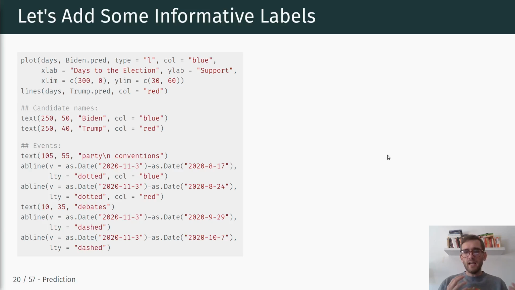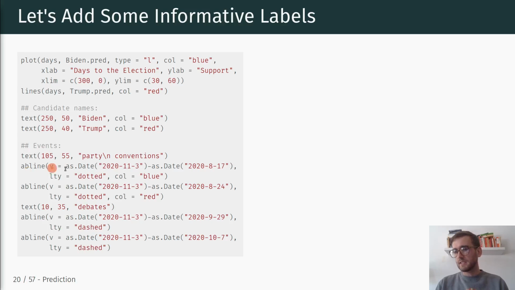We can add some additional information, and I encourage you to check out what each of these individual commands do to make this plot even more informative. We can add some candidate names using the text command. We can add vertical lines to indicate events that might be interesting, in order to examine whether they shifted support for one candidate or another.